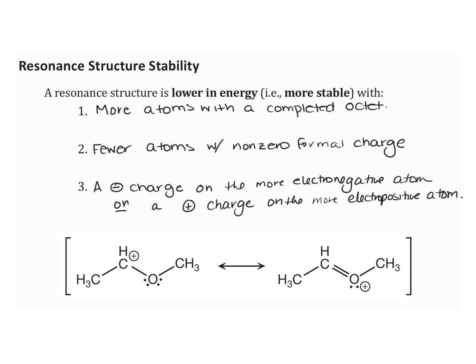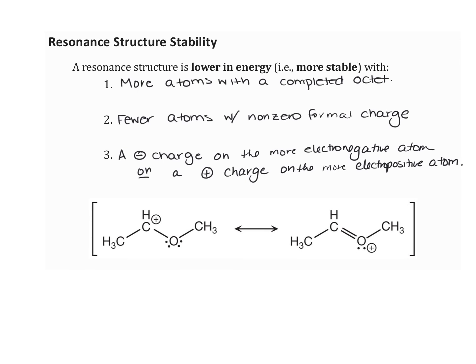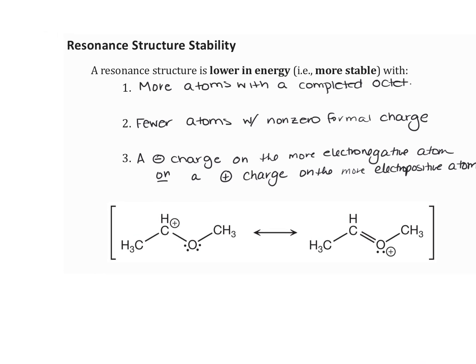So I want to do an example, but before I do an example, I want to emphasize that these are listed in order of importance. So if the first one here is more important, it wins in case there's a conflict.